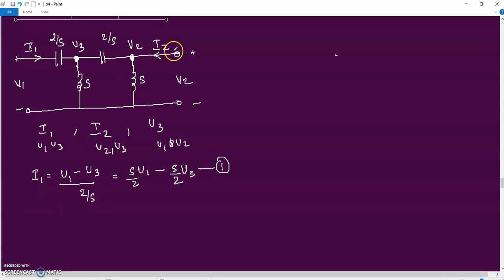Now we can go for I2. We can get I2 by writing the KCL at node 2. We can take the currents in these three branches.